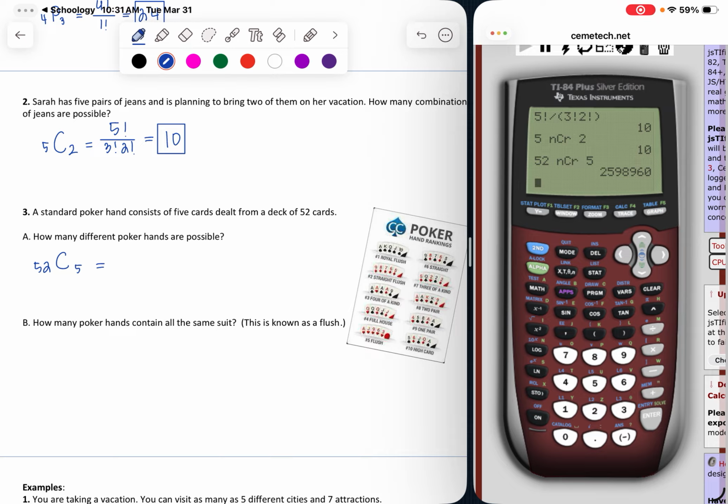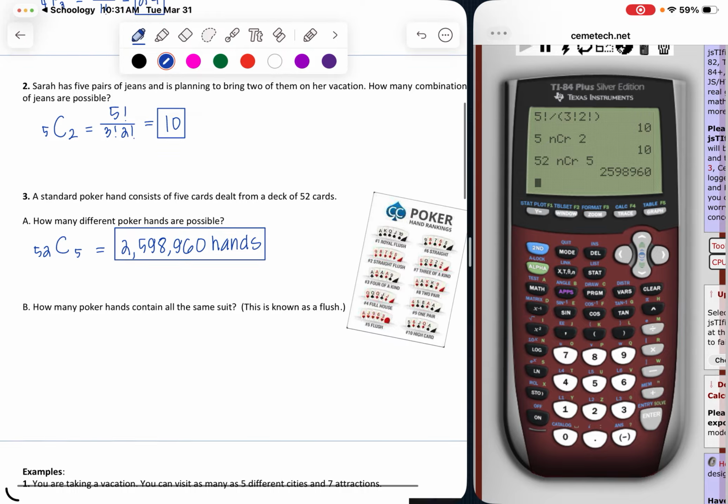And that's a nice ginormous number there. So we got 2,598,960 hands. So that's how many different 5 card poker hands there are, right?